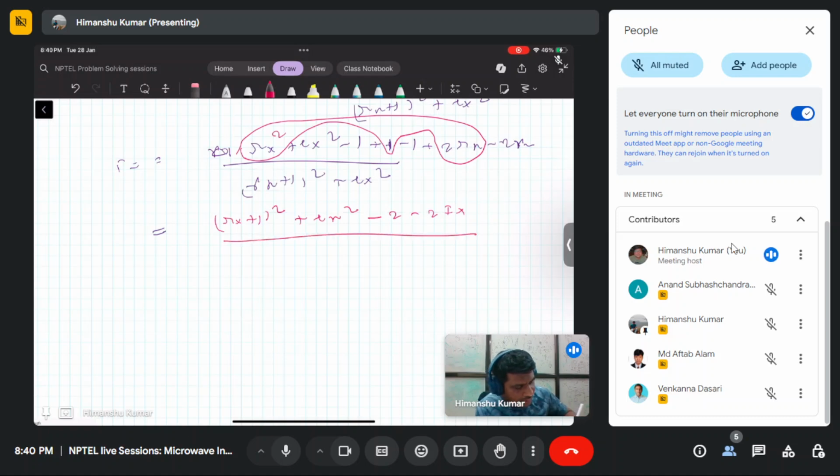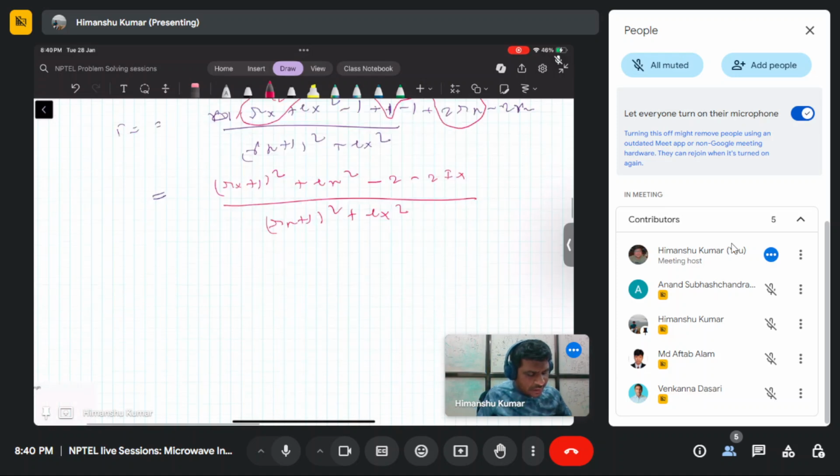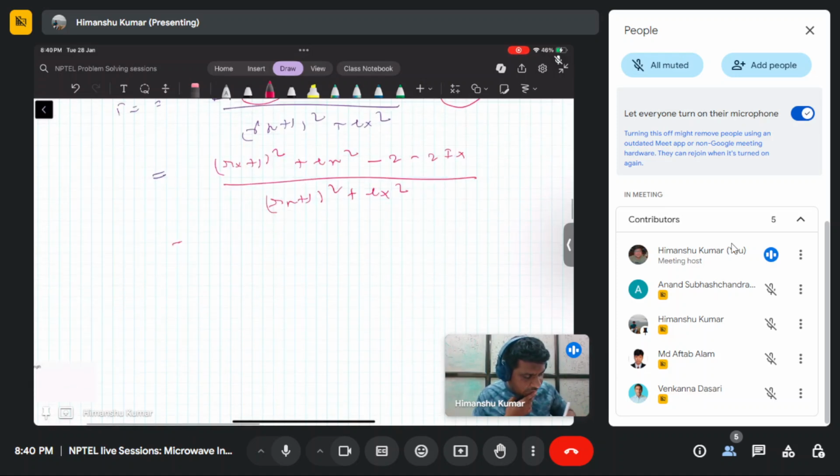This will become rx plus 1 whole square plus ix square. And so this will become 1 minus 2 times 1 plus rx, over rx plus 1 whole square plus ix square.